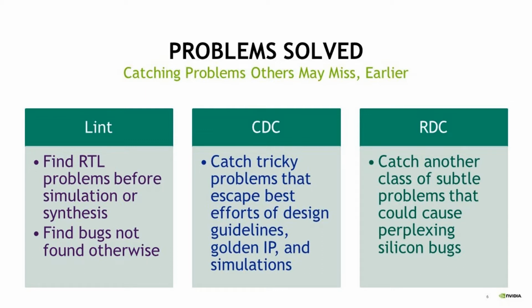We really try to minimize the potential for CDC problems by having strong design guidelines, using golden IP and certain simulation techniques, but still, as Prakash mentioned, those techniques do not cover everything, and we need a formal solution to cover everything. And RDC is kind of a similar situation, where this is a class of bugs that can be quite subtle and quite hard to find, and if it escapes into silicon, it can be really hard to debug. So again, RDC tools provide a formal solution to catching any problems with your reset synchronization.